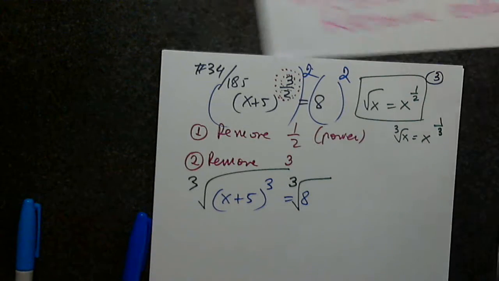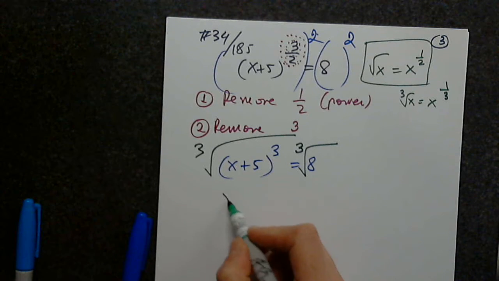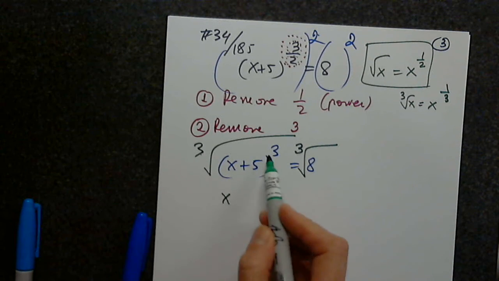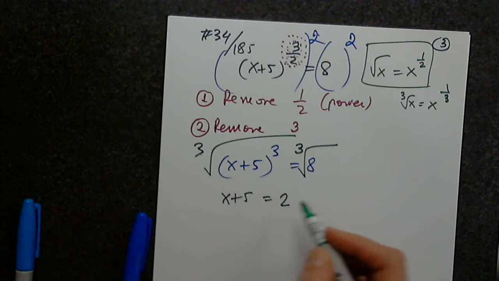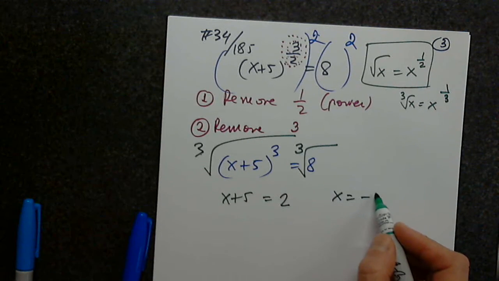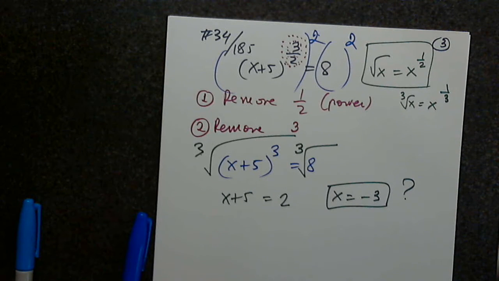The left-hand side is x plus 5 cubed. But we apply the cube root, so it's x plus 5. And then the cube root of 8 is 2. So then x equals -3. Of course, it comes with question marks.